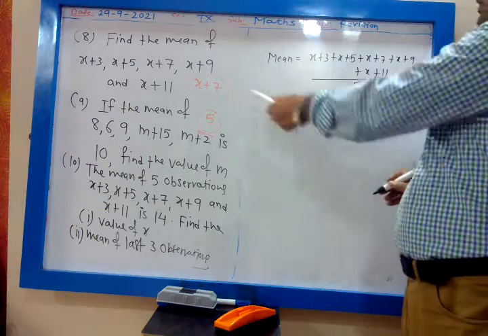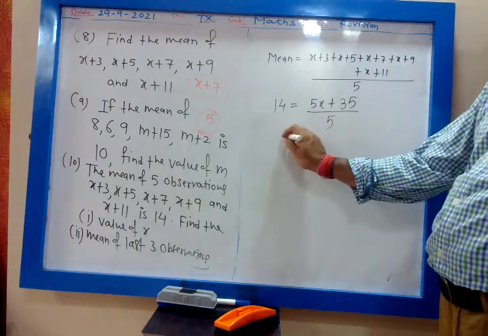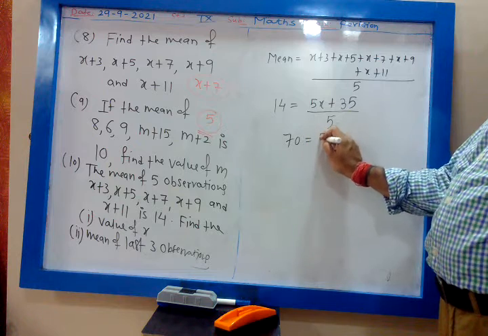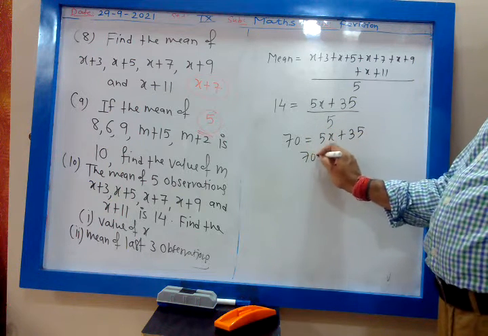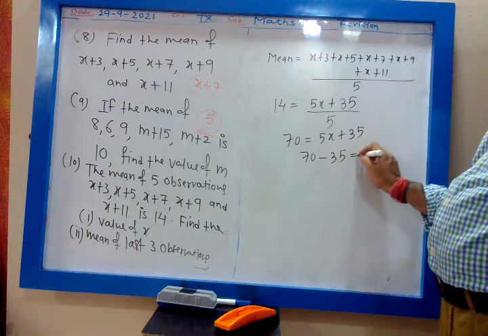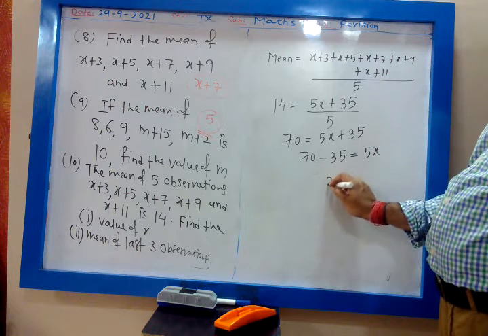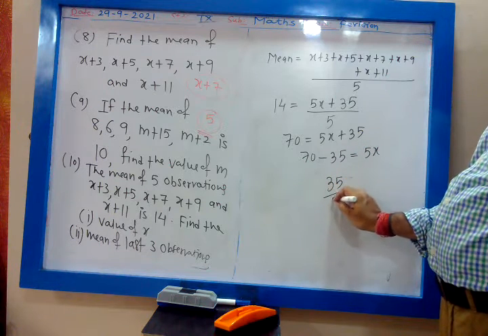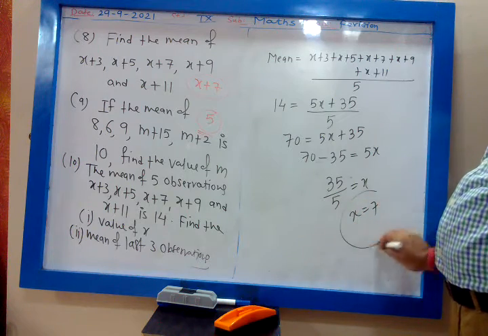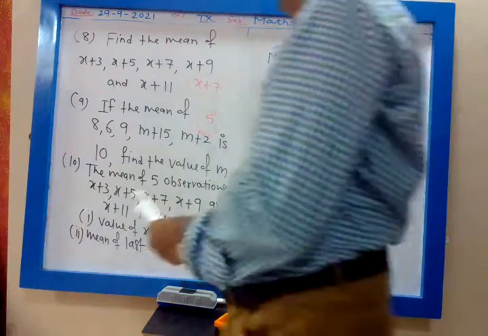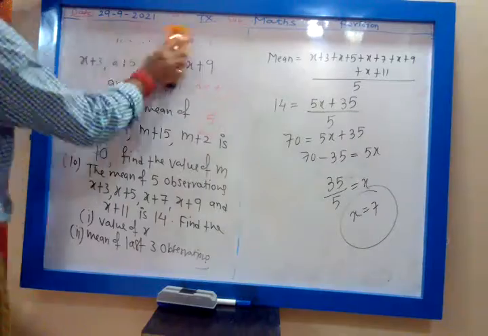It will get cross multiplied. 14 5s are 70. 70 is equal to 5x plus 35. So 70 minus 35 is equal to 5x. 70 minus 35 is 35. Divide by 5 is equal to x. x is equal to 7. Yes, x is equal to 7.